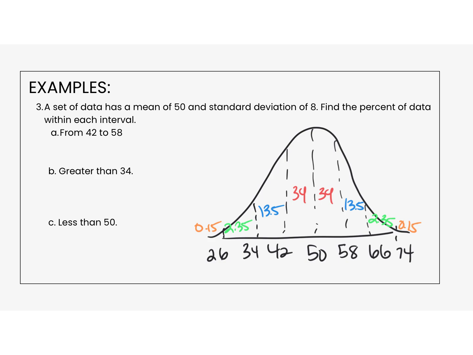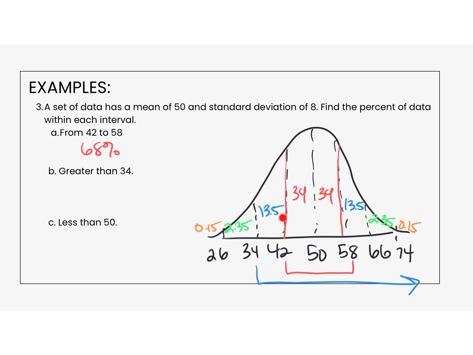Because now that everything's labeled, it's just going to be easier when we look at our intervals here. So from 42 to 58, what percent of data is between that? So 42 to 58, that's just within 1 standard deviation. So 34 and 34 makes 68%. Greater than 34. So from 34 over, you could do this 2 ways. I could add everything to the right of this.